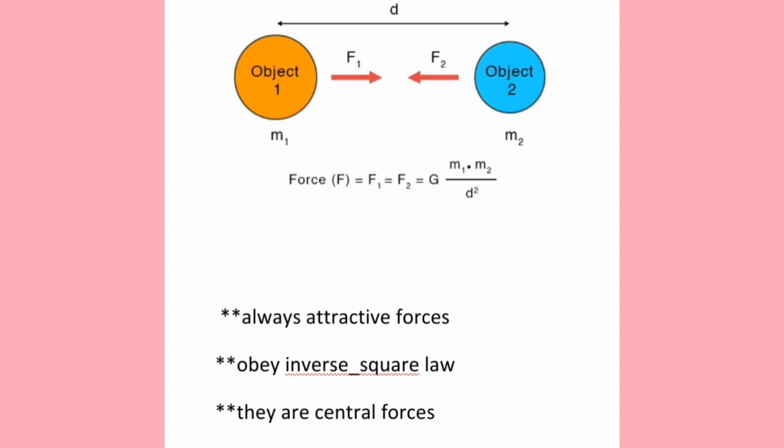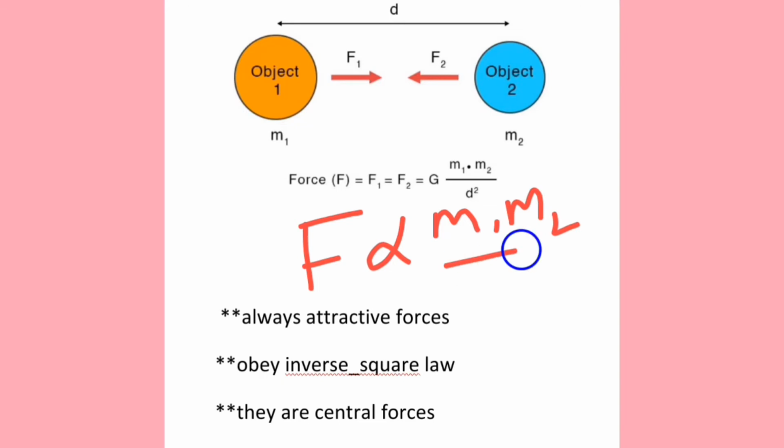On combining these two, we get F proportional to m1 × m2 / d². On removing the proportionality, we insert a constant G, the universal gravitational constant. Writing the equation, force F, which is equal to F1, which is equal to F2, is equal to G m1 m2 / d².